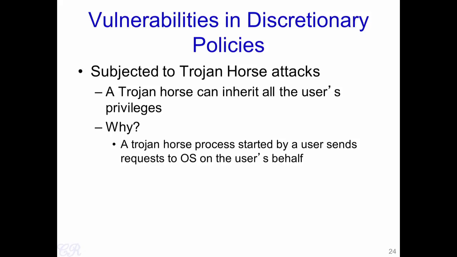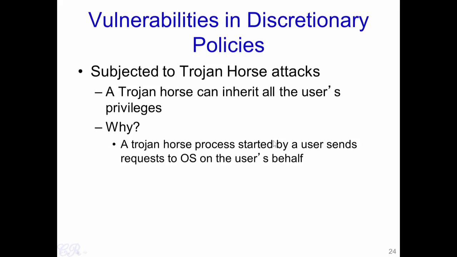Now, the vulnerability in the discretionary policy is that it is subject to Trojan horse attacks. What we mean by a Trojan horse is a small code which is present in a larger non-malicious code. So, this small Trojan present in the larger code is the malicious code. The issue with this is that the Trojan is actually like a virus which is joined with a much larger program.